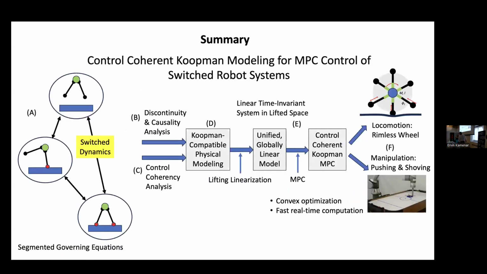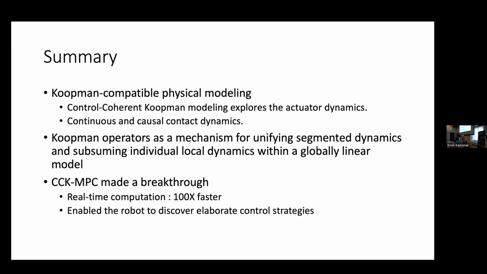So just to summarize what I talked about today, we started with switched dynamic systems and converted to Koopman-compatible physical modeling by checking the discontinuity and control-coherent Koopman requirements, and then applied MPC, which is convex optimization and very fast, and demonstrated with two representative examples. So this is the summary.